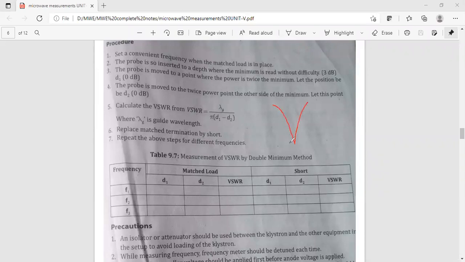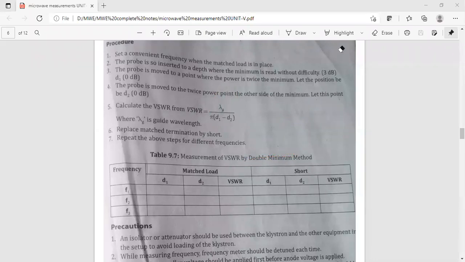Mark where you are getting the minimum power and where you are getting double the power, and draw those two lines. This is D1, this is D2. Take D2 minus D1, use this formula, and calculate VSWR. So this is the procedure, and you have to be careful about this.